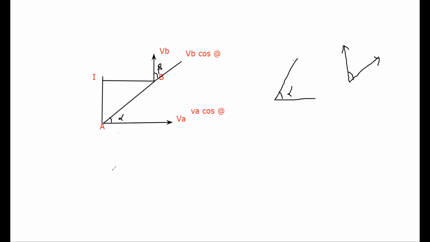That means I can write VA cos theta is equal to VB cos theta. Sorry, it should be VB cos beta.